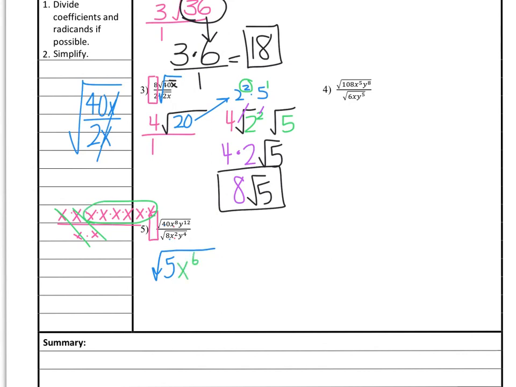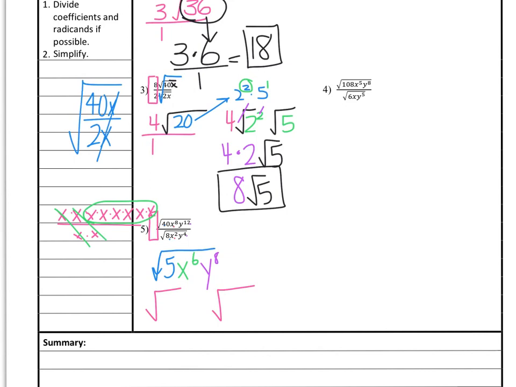And then same idea with the y's. If you'll notice for the x's, it was x to the 8th divided by x squared. Those exponents just get subtracted. So same idea here, y to the 12th, y to the 4th, just subtract those exponents, and we get y to the 8th. But of course we have to try to simplify this. So we're going to have a good radical and a bad radical.